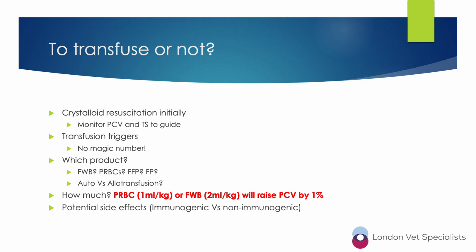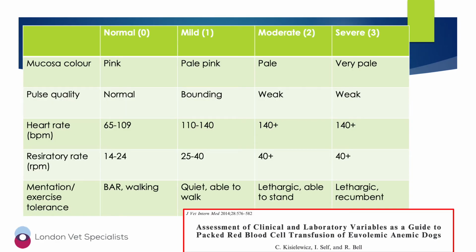As I say, there's not really an easy number to go with which will tell you to transfuse or not, but I find that this is quite a helpful table from the Journal of Veterinary Internal Medicine. The table is basically moving from left, which is the desirable state, to right, severely affected, and then the different parameters that you can look at.